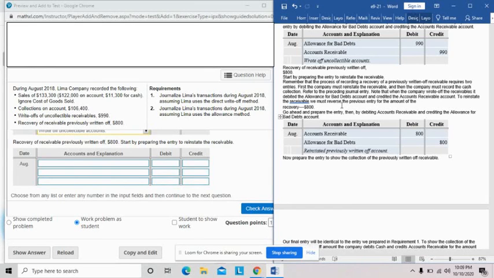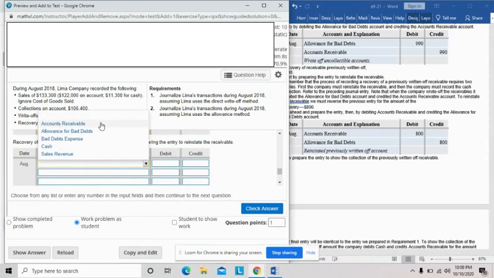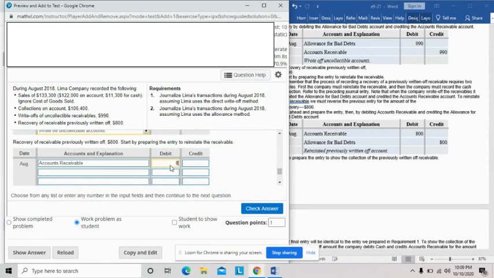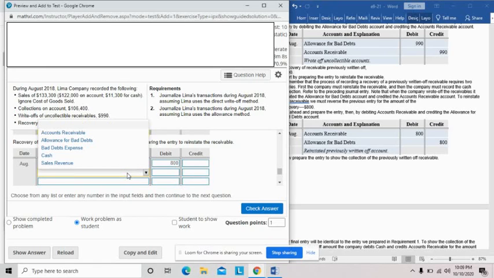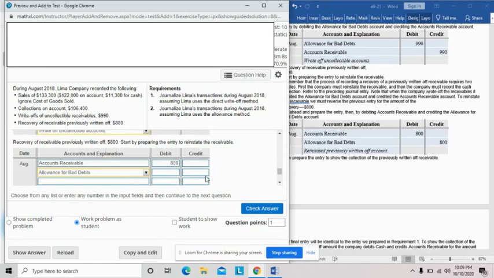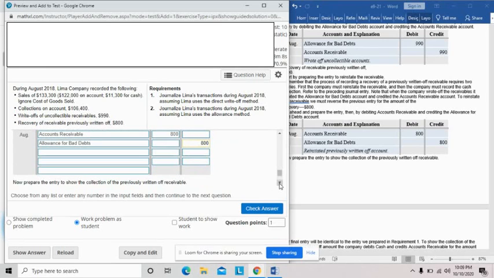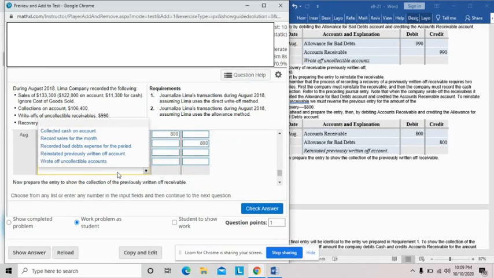To reinstate the receivable, we must reverse the previous entry for the amount of the recovery of $800. So now we have a journal entry debiting accounts receivable 800, crediting the allowance for bad debts 800, and we reinstated the previously written off account.